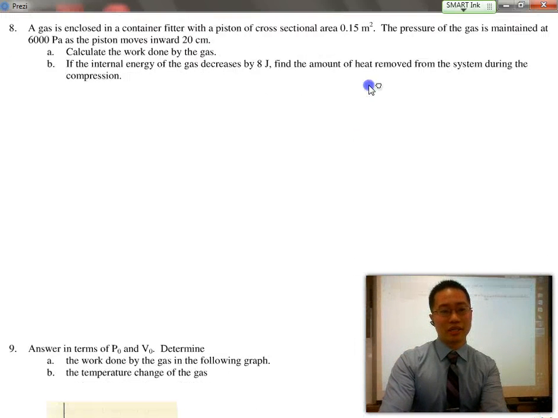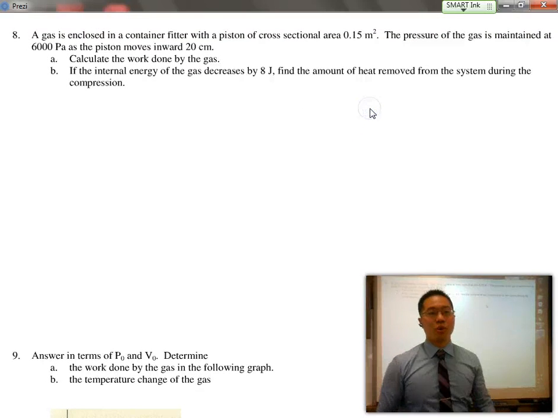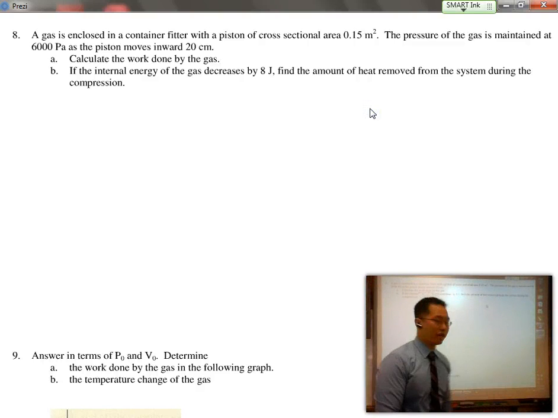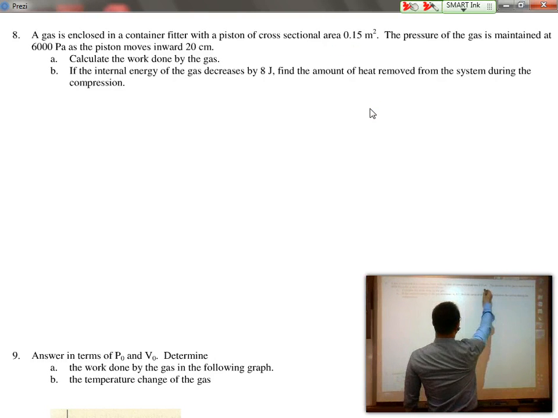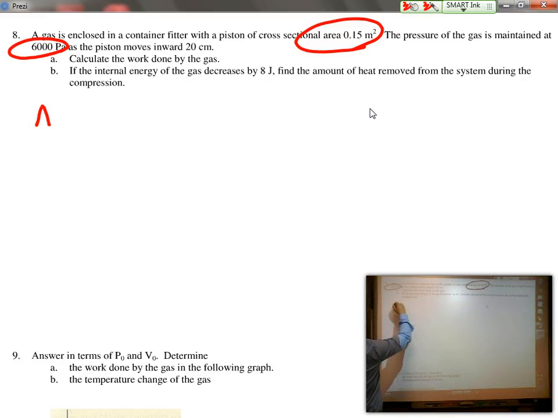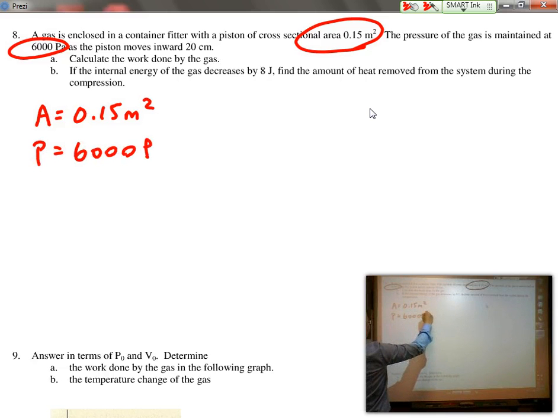This is on a page later, where a gas is enclosed in a container with a piston of cross-sectional area of 0.15 meters squared. So we know the cross-sectional area. The pressure is maintained at a constant, which maintained means it's constant, 6,000 pascals. So the area is 0.15 meters squared. The pressure is 6,000 pascals, which is the same thing as newtons per meter squared. And the piston moves inward by 20 centimeters.